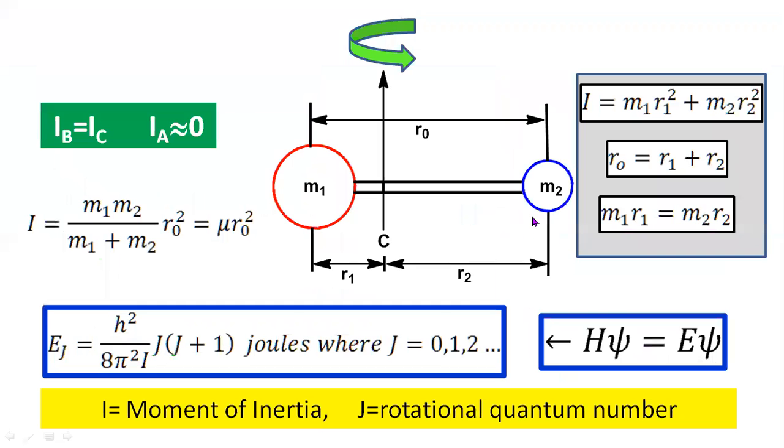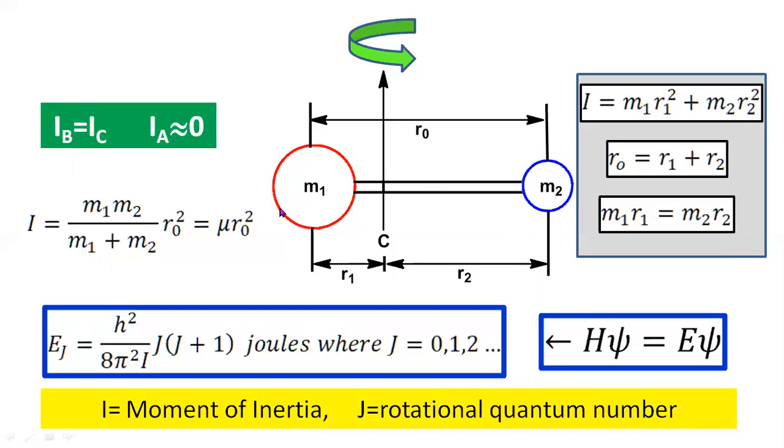Now let us start our actual calculation on a diatomic molecule. As I already said, in this video I'll talk about only the rigid rotors. Let me explain this graph to understand properly. I have one molecule which consists of two different atoms having mass m1 and mass m2.